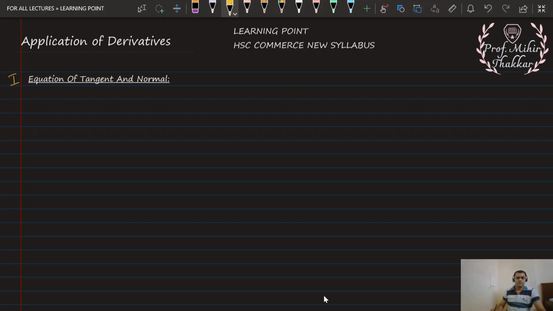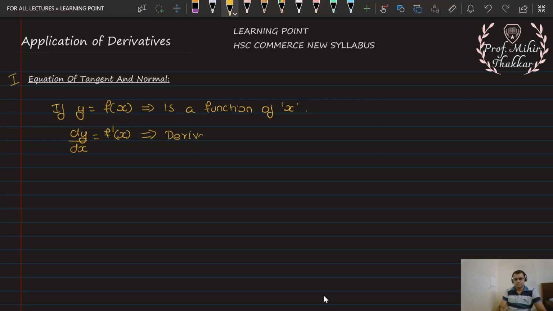See, in the previous chapter I had told you that if y is equal to f(x), is a function of x, we say that dy by dx is equal to f dash x is the derivative of y with respect to x. This is what we had already seen in the previous chapter.